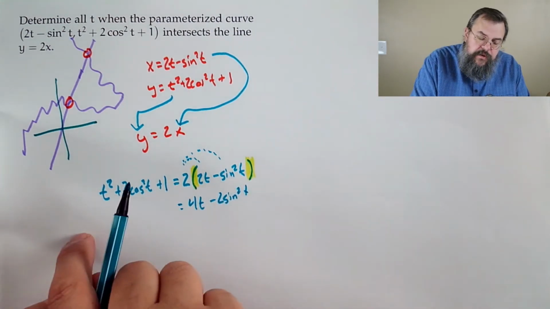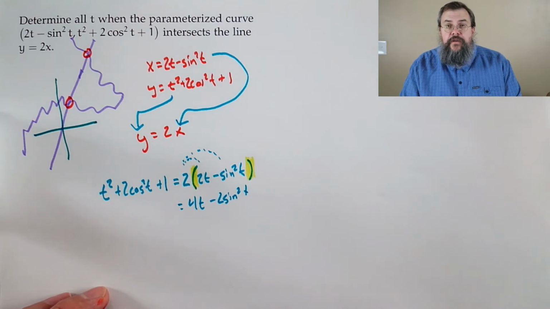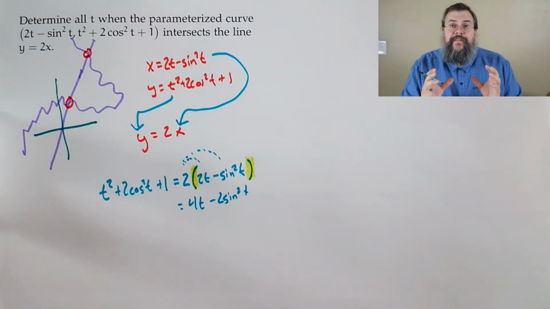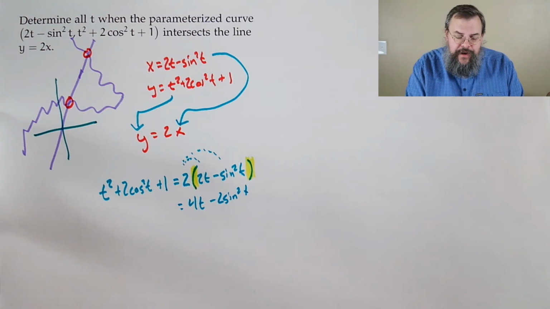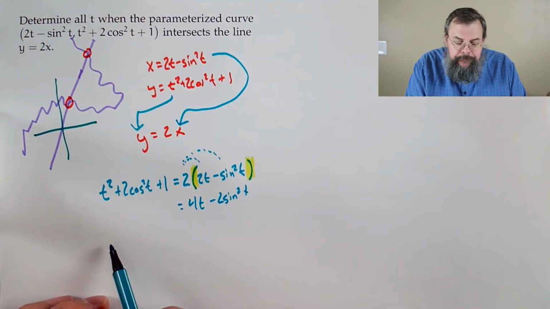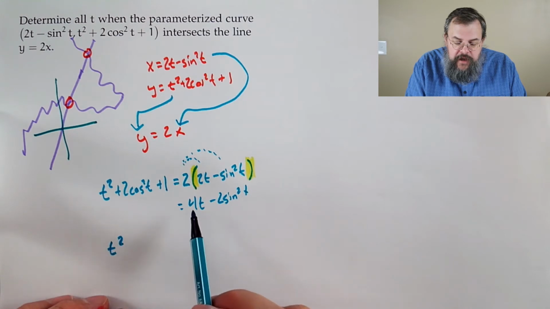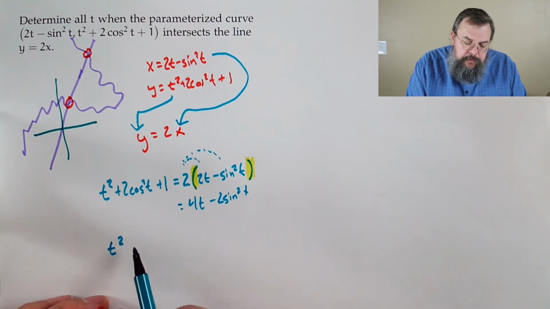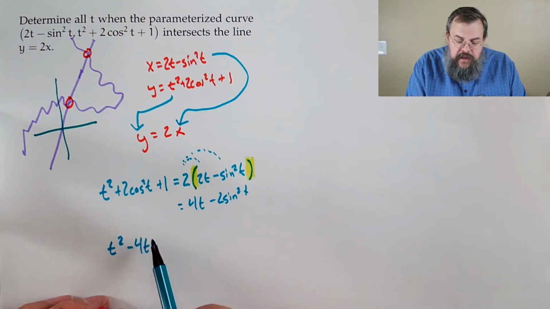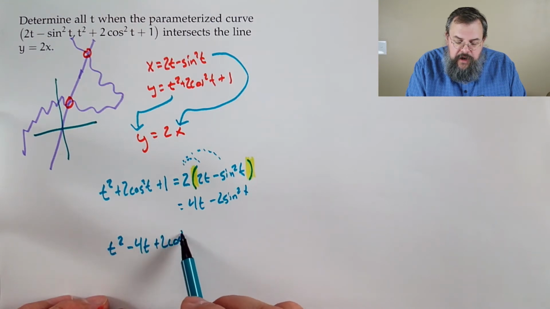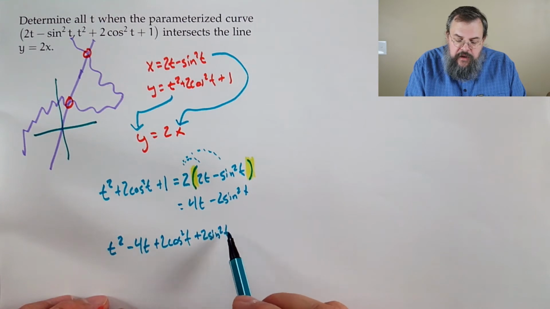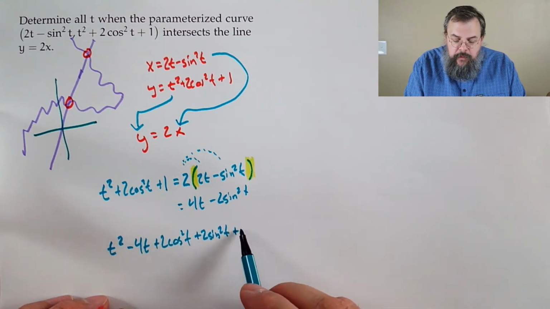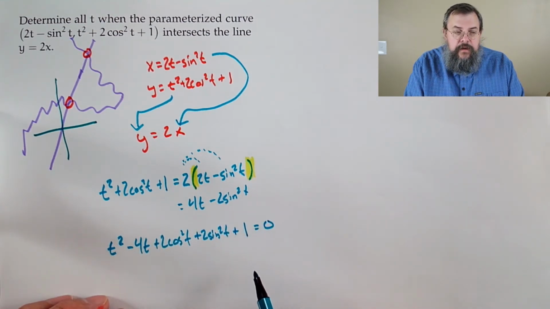So we'll move everything to one side. It's a pretty good standard rule because we like setting things equal to 0. 0 is just such a wonderful friend for us, a great ally. So we'll have t squared, subtract 4t, then we have the 2 cosine squared t, the 2 sine squared t, because it'll come over as a plus, and plus 1 equals 0.